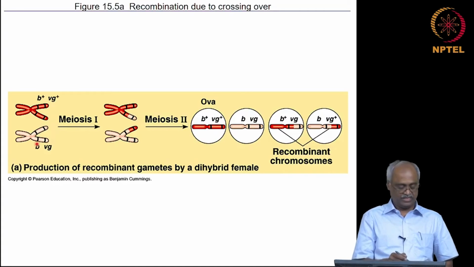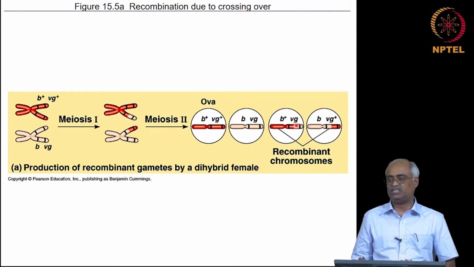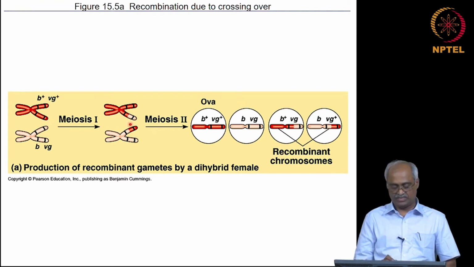After the interphase they are duplicated. Now, the duplicated ones, if they are going to swap parts as you see here, then you can end up producing these 2, right. See, we started with B plus and VG plus. Now, you have a situation where you have B plus and VG, just VG, no plus, and that is because of this swap.